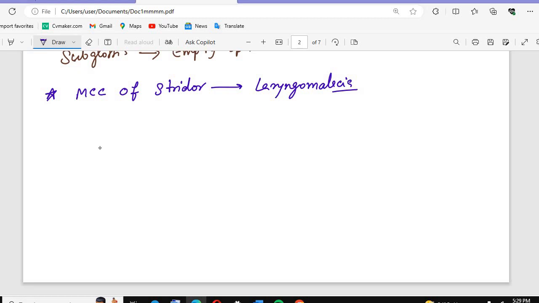Okay, let me write. This is the heading. So we have laryngomalacia. In case of laryngomalacia, what are we studying? I think my voice is clear.